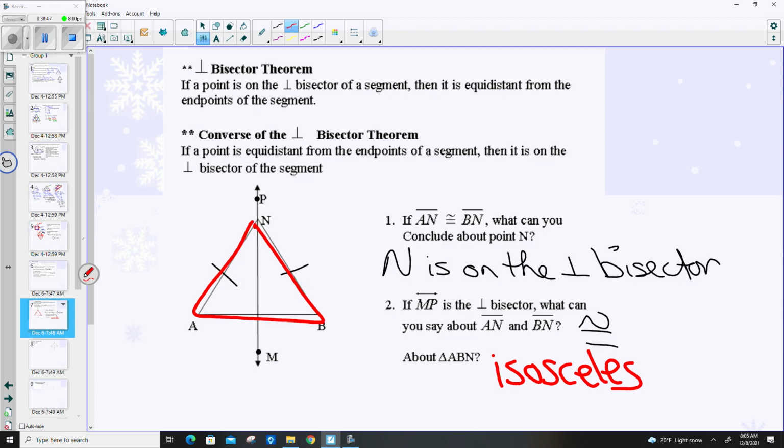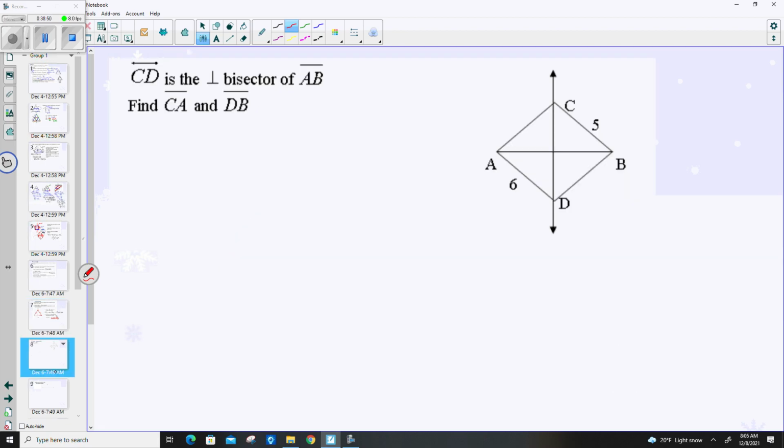All right, so you are going to try that next part with a partner here. We've got line CD is the perpendicular bisector of segment AB. You're going to find CA and DB. Go. Use the rule we just talked about. What's a perpendicular bisector?